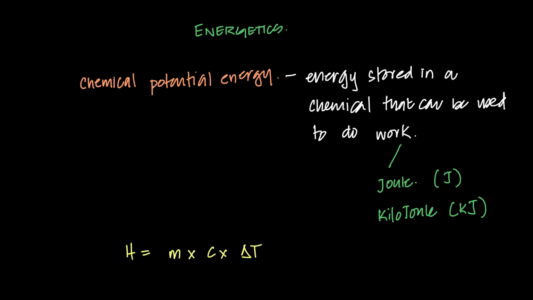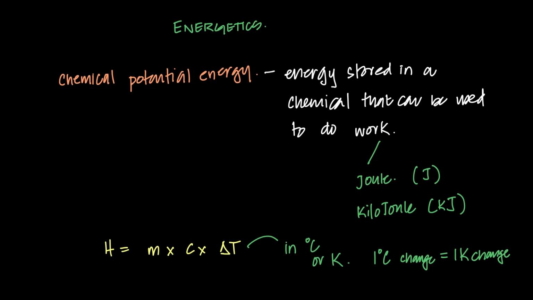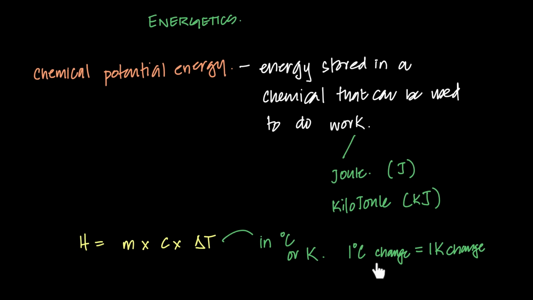The temperature rise can be measured in degree centigrade or Kelvin. A 1 degree centigrade change is equivalent to a 1 Kelvin change, even though they don't represent the same scale, the change is the same.